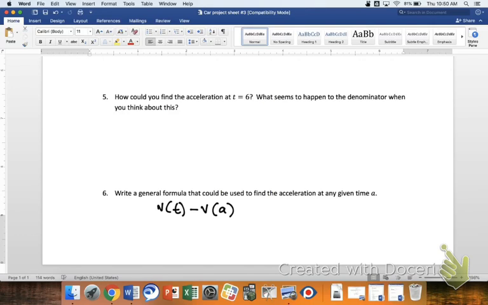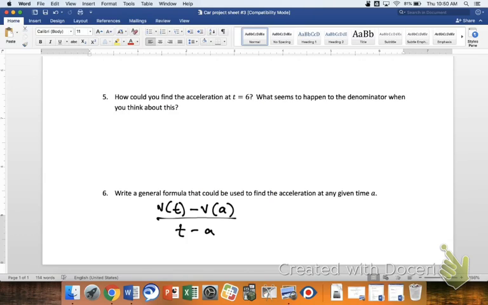V of t minus V of a over t minus a. So that right there, what is that? If we just left it at that, is something. The limit of that. No. Just leave it at that for a second. What is that? That's average acceleration between a and t, right? Whatever those times are. It's average acceleration between a and t.